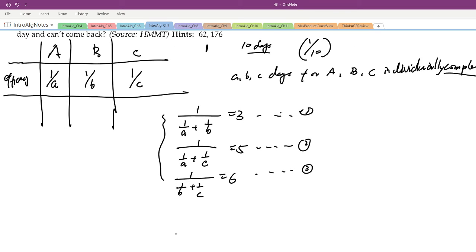This is the equation we set up, right? So we have A's efficiency plus B's efficiency equals 1/3, A's efficiency plus C's efficiency is 1/5, and B's efficiency plus C's efficiency is 1/6.